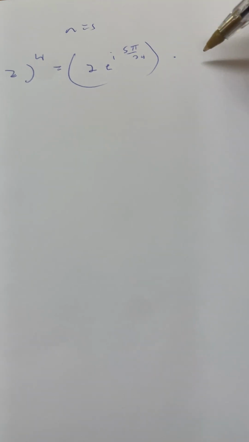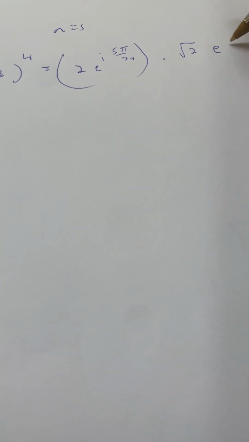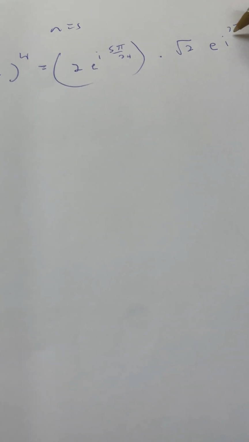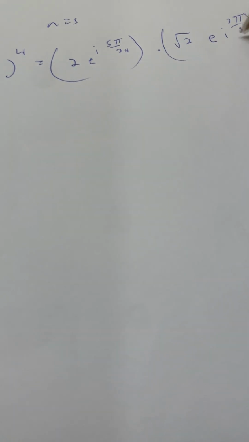So then it would be square root 2 e to the i 3 pi over 8, and then we have to put all this to the power of 4.